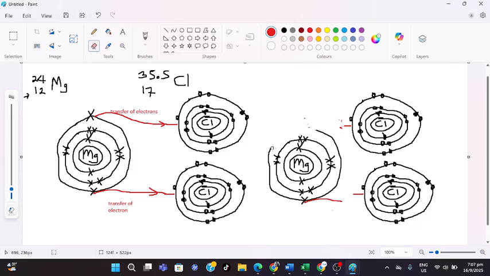This shell won't exist because there's no electrons in it. And what we're gonna have is this.